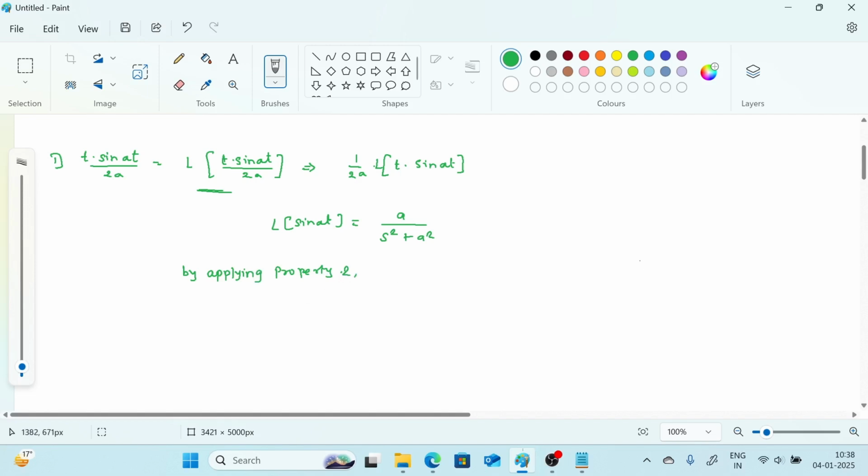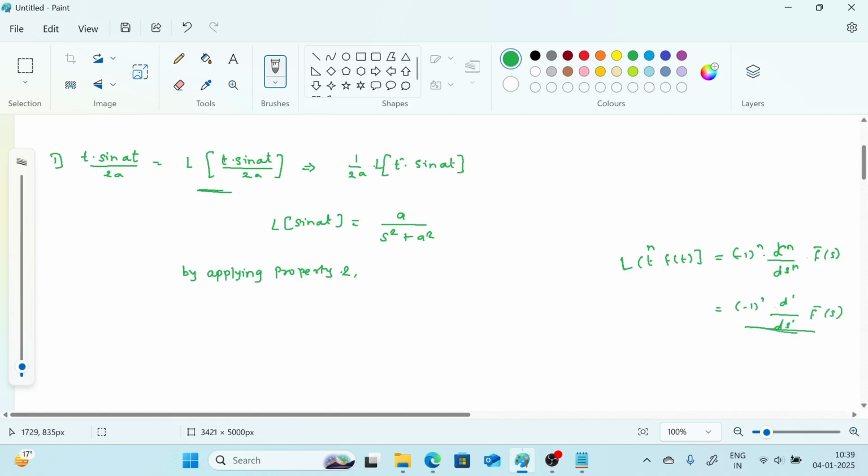Let me tell you property 2 first. Laplace of t f of t, or I can take t raised to n as well, is minus 1 raised to n, d raised to n upon ds raised to n of f bar of s. Here the power of t is 1, so you will get minus 1 raised to 1 into d1 by ds1 of f bar of s.